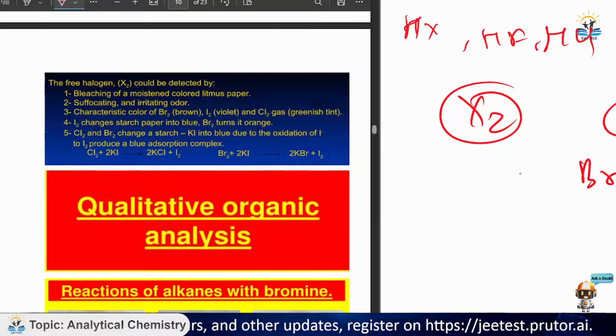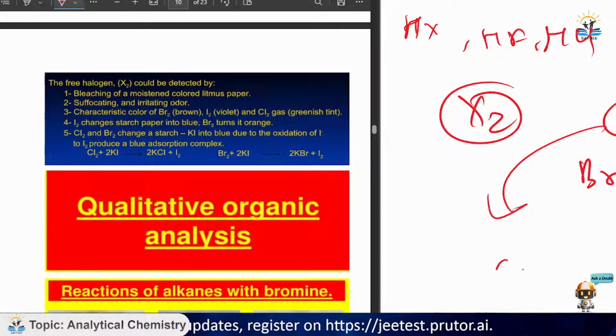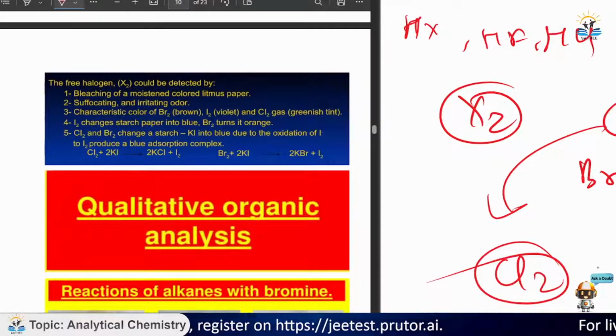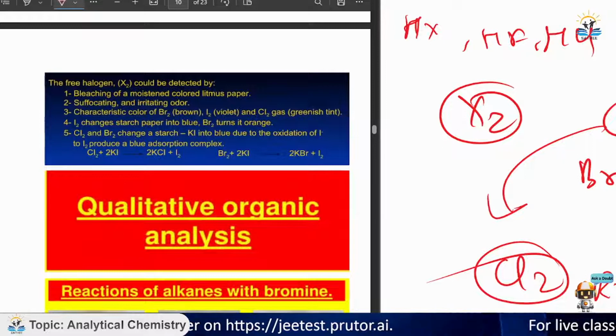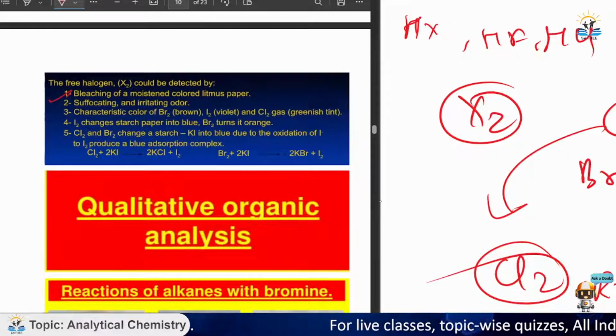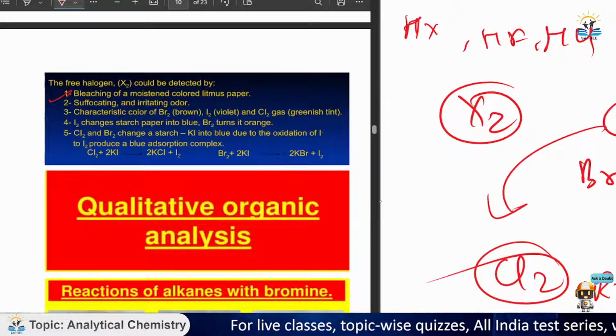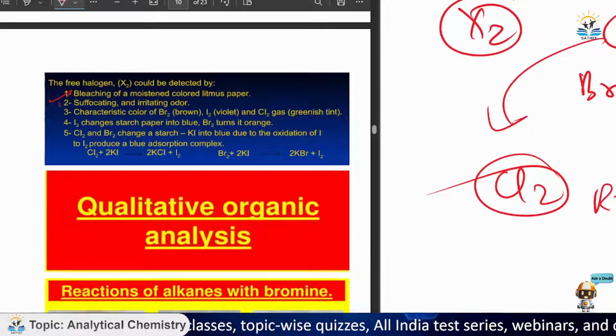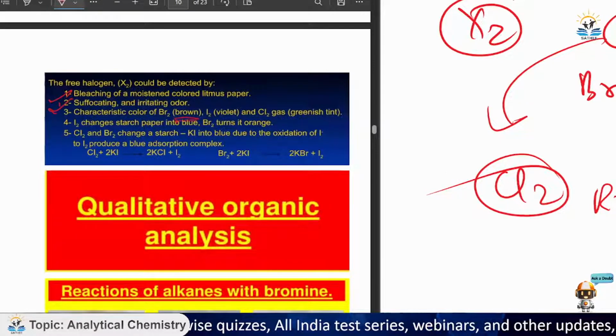If you want to check for free halogen without any anion, like whether Cl2 gas, Br2 gas or I2 gas is present, what we can do first is check bleaching of moistened colored litmus paper. If there is a free halogen, it will bleach the moistened colored litmus paper. Then a suffocating and irritating odor, as these are halogen gases. Now, the characteristic color.